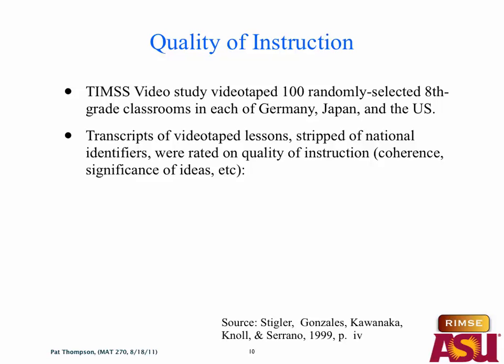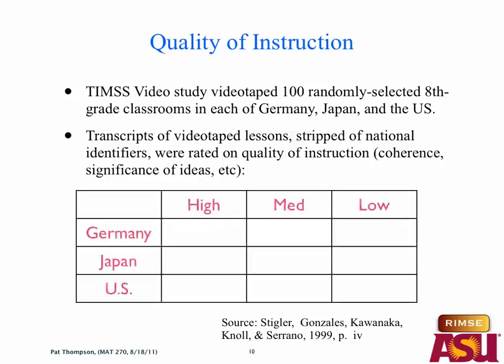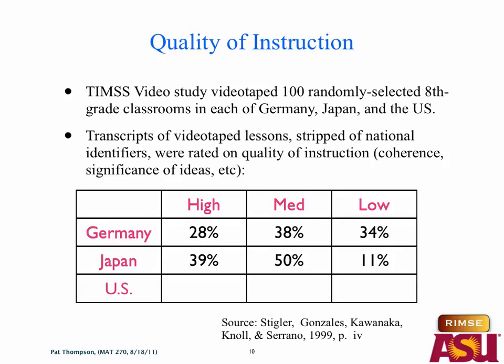And so they had outside people reading all these transcripts and scoring them for high, medium, and low quality instruction. So in terms of coherence, significance, things like that. So in Germany, they were about a third each. Japan had more high and medium and less low.